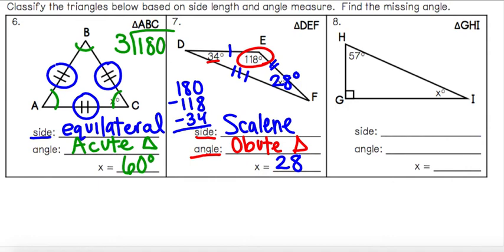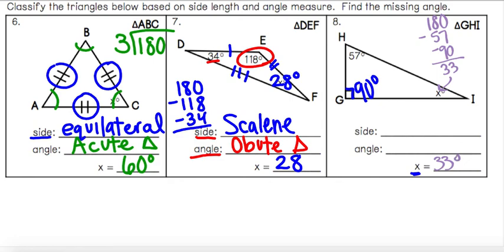Finally, here we have GHI. This square represents a 90-degree angle. So first we could find out what X equals. We do 180 minus 57 minus 90, which gives us 33 degrees. This angle X is 33 degrees. I just typed that in my calculator.